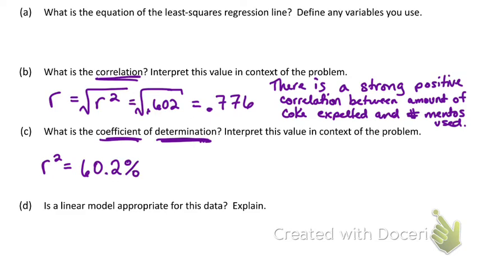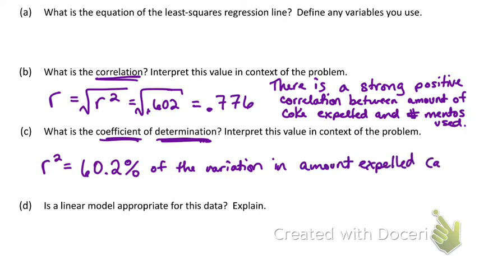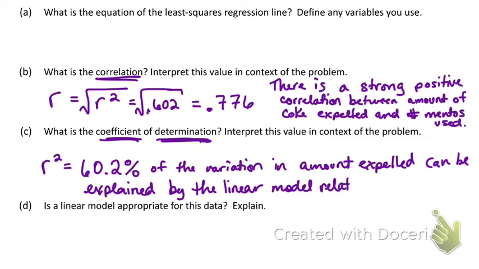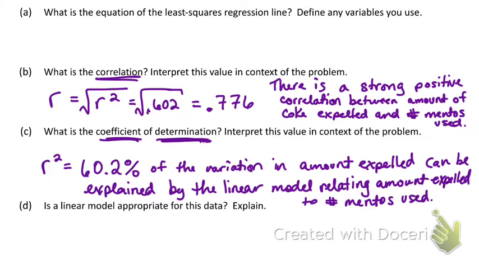All right, so we're going to interpret R squared now. 60.2% of the variation in amount expelled can be explained by the linear model relating amount expelled to number of Mentos used.